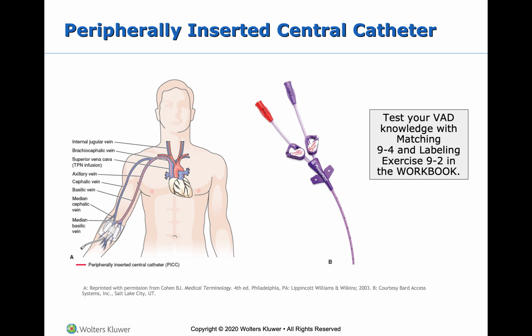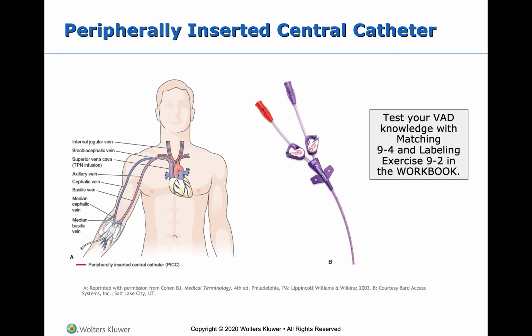But basically a PICC line is a line inserted somewhere in the patient's peripheral venous system, so anywhere in the arms. I've never seen a PICC line down by the feet, but in the groin area, I have seen PICC lines. Most commonly, they're going to be in the AC or in the arm somewhere.